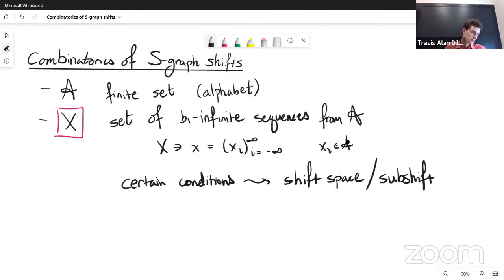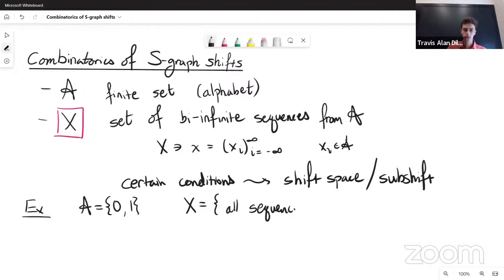So let me start with just a basic example so I can describe some definitions with reference to a specific shift space. If we have an alphabet that's just two letters, let's say 0 and 1, one shift space that we could define is the set of all sequences that don't have any consecutive ones.